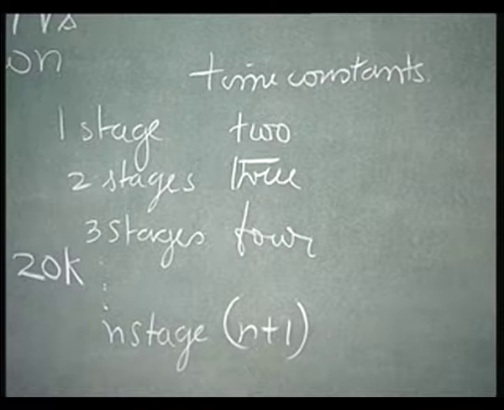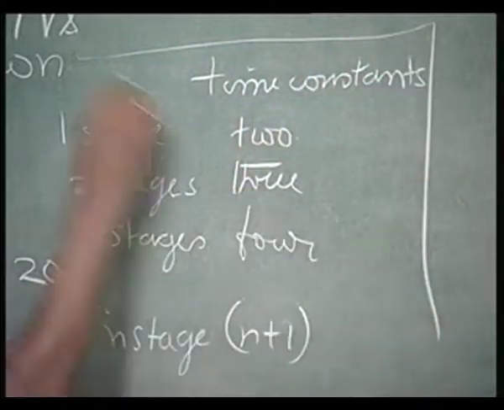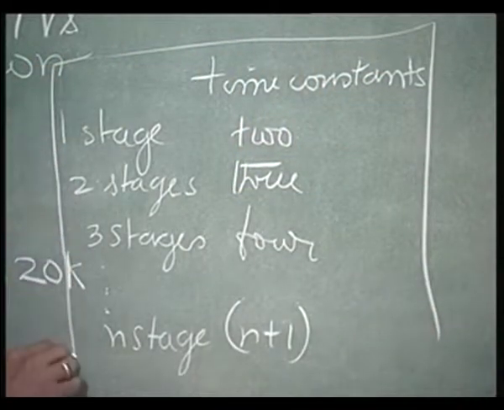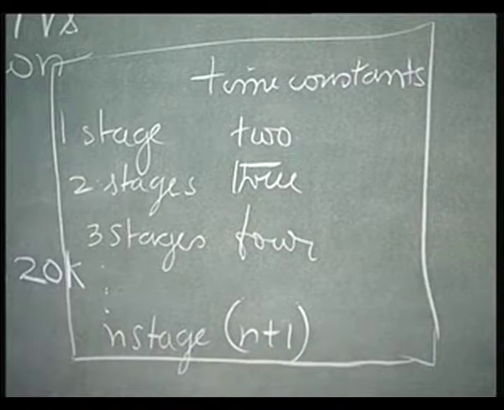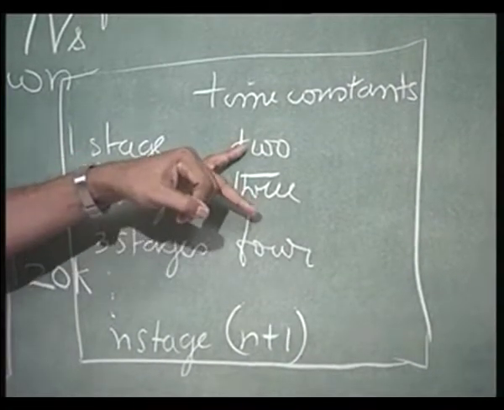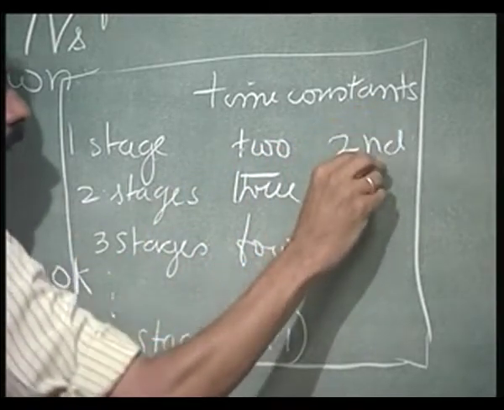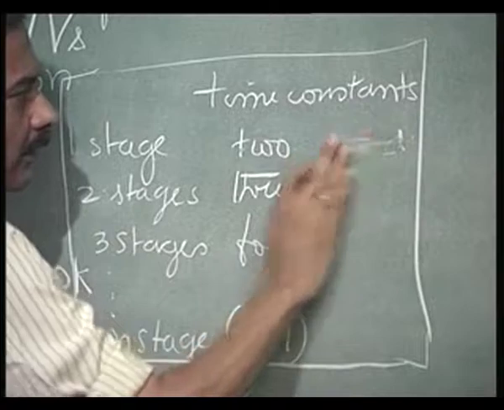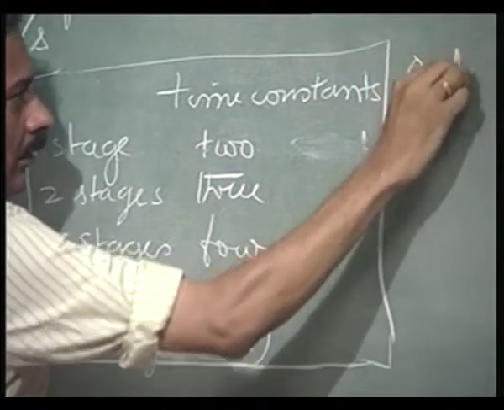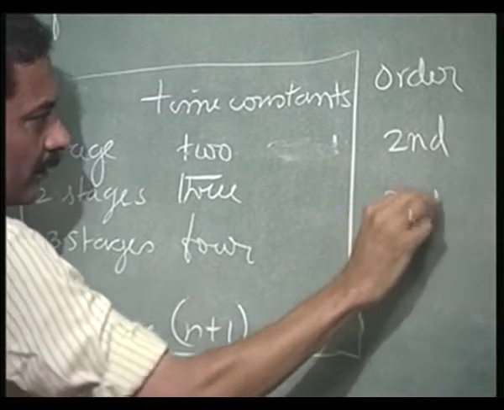So this is something that you can remember, that depending upon the number of stages we can say what is the order of the system. If it has 2 time constants, it is called a second order system. This is a third order.